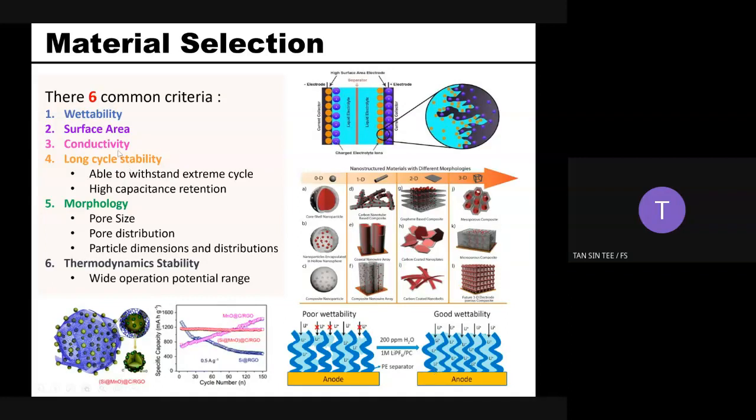Okay, so the second one we are looking for is called surface area. People commonly misunderstand surface area as the surface active area or the total area of the nanostructure. The surface area that we are referring to here is more the active site surface area.